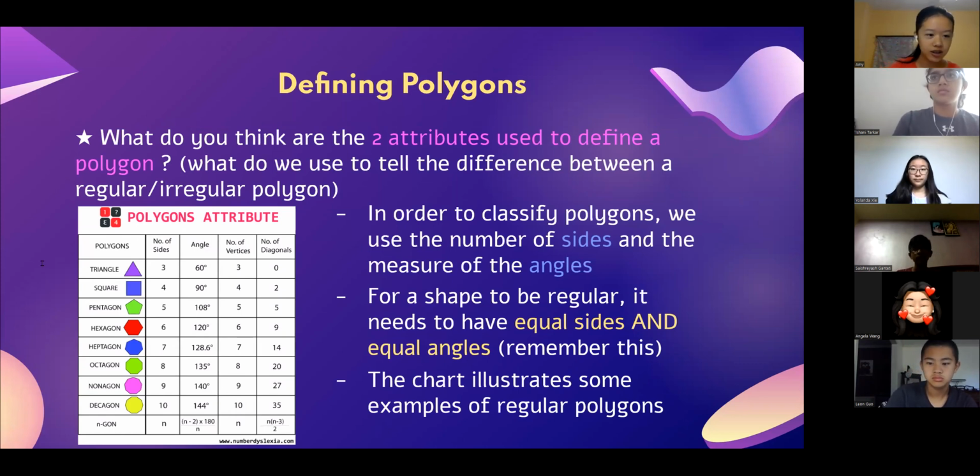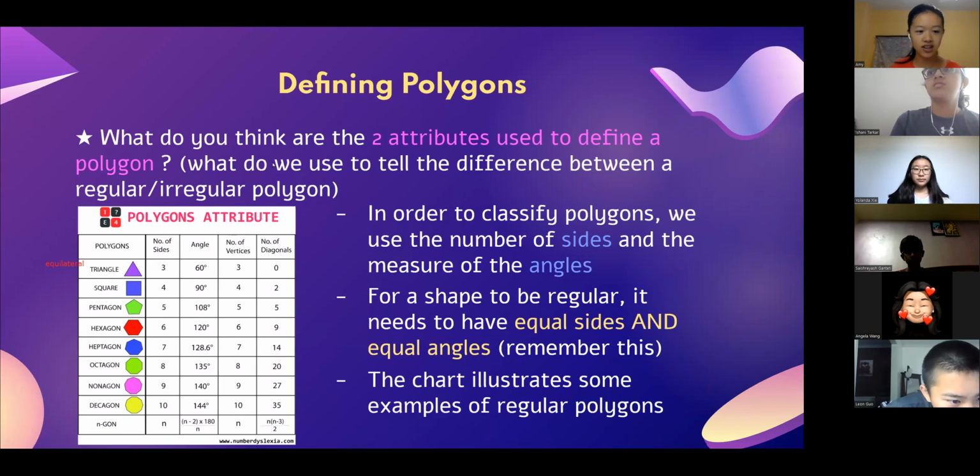Over to the left, we have some examples of regular polygons. An equilateral triangle is the polygon with the smallest number of sides. It has 3 sides, and all of its angles are 60 degrees. A square has 4 sides, and its angles are 90 degrees.